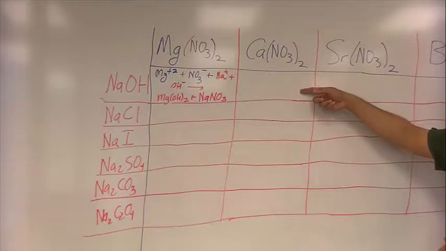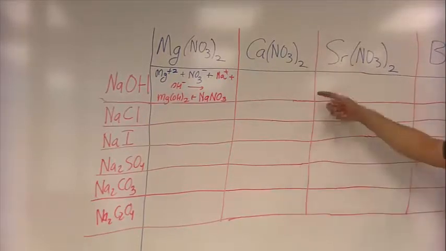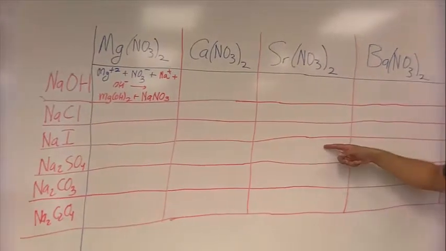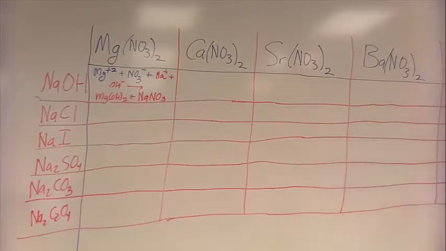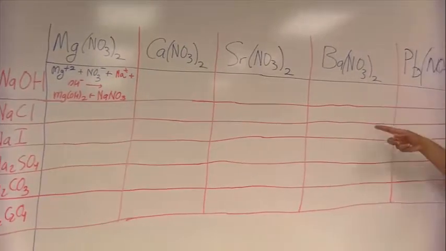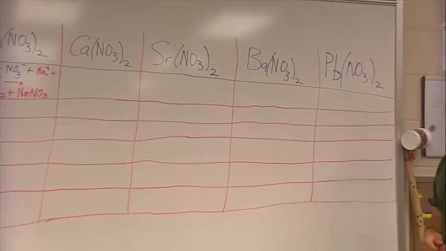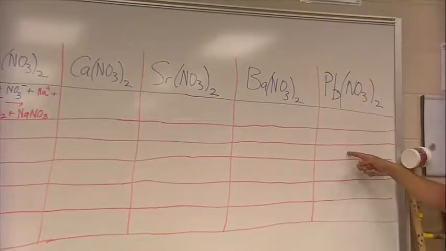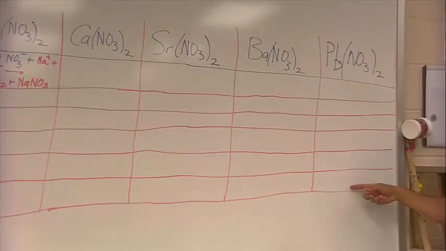Same thing here, the calcium hydroxides, chlorides, iodides, sulfates, carbonates, and oxalates, the strontium hydroxides, chlorides, iodides, sulfates, carbonates, and oxalates, the barium hydroxide, chloride, iodide, sulfate, carbonate, and oxalate, and finally, the lead hydroxide, chloride, iodide, sulfate, carbonate, and oxalate.